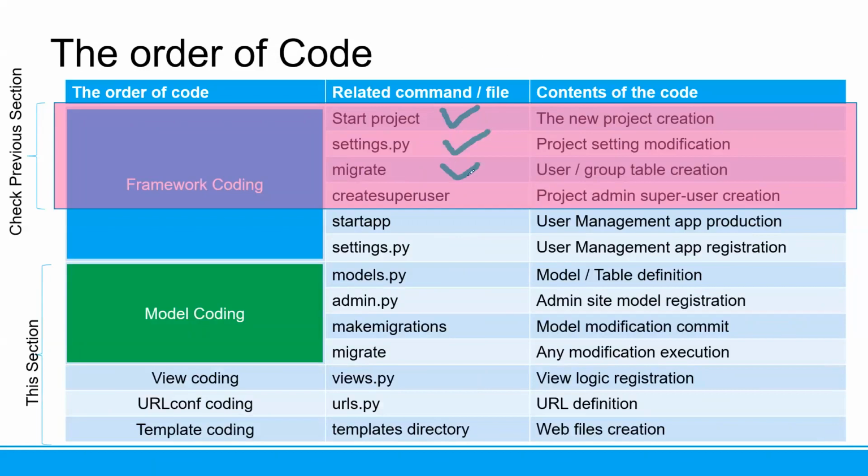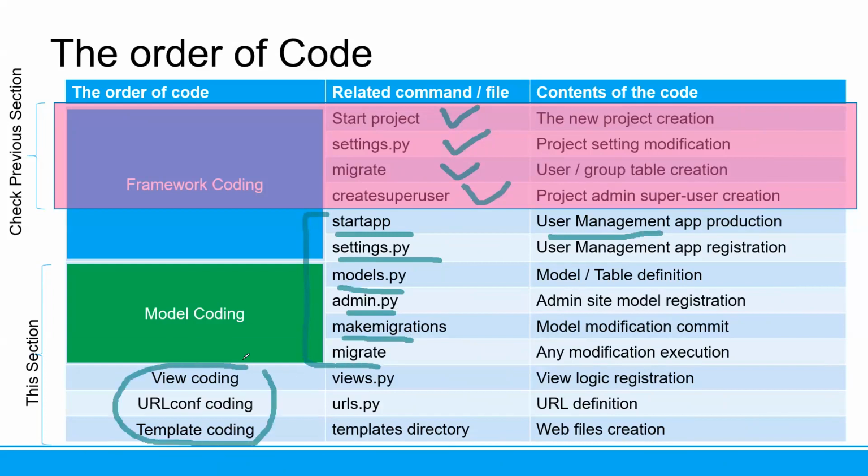You already migrated, and you already have the superuser. Now I'm going to add one new app. We call it user management. And then I will modify the settings, and we will modify the models, admin, make migrations, migrate, until we show it on the web.